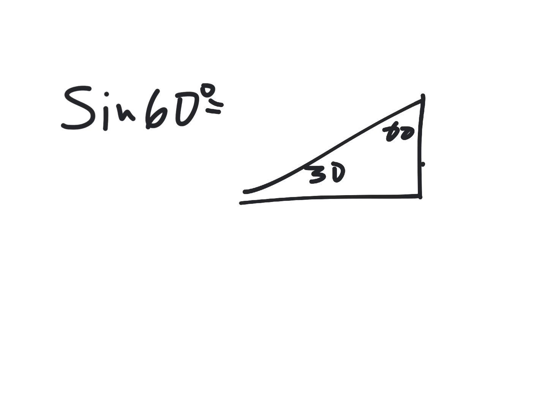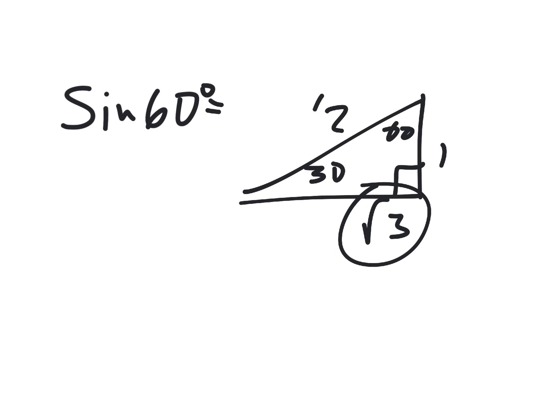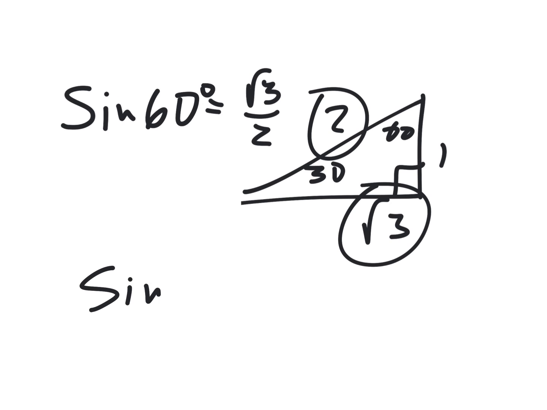30, 60, 90: 1, 2, square root of 3. What is the sine of 60? Square root of 3 over 2. What is the sine of 30? 1/2. Yeah, you should just memorize that one. It comes up a lot.